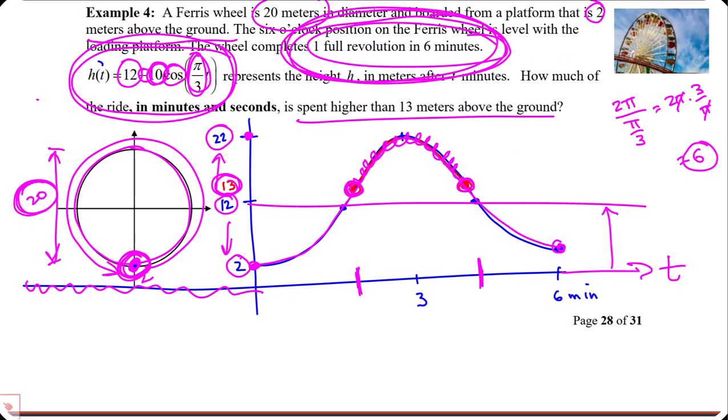So what I could do is take this 13, that's how high we are here and here, and that's going to equal 12 minus 10 cosine pi over 3 t.